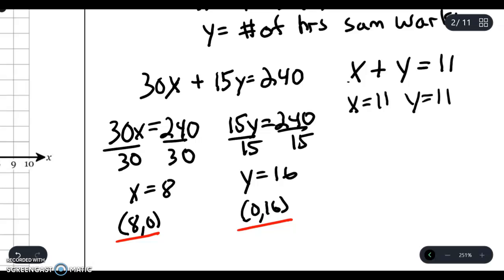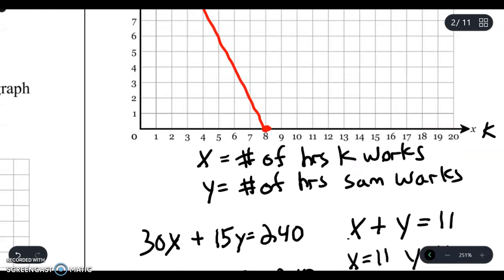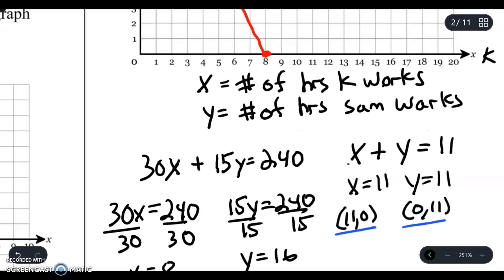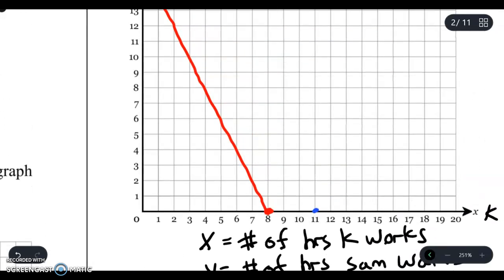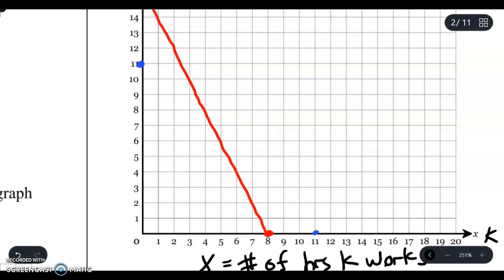So x is 11 when y is 0, and y is 11 when x is 0. These are the two points you want to plot. If I come up here and plot those two points, (11, 0) and (0, 11), we can see where they cross.